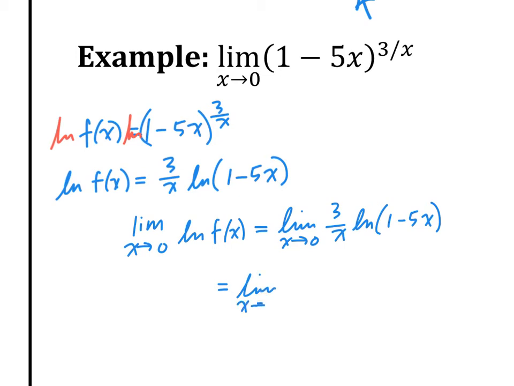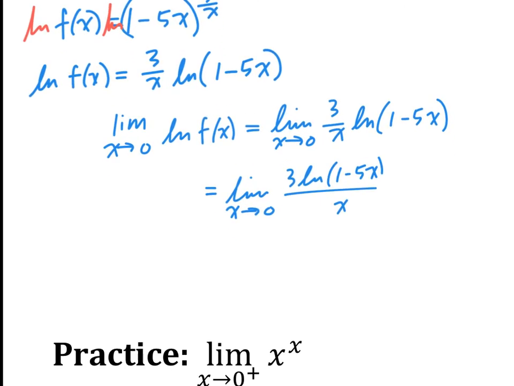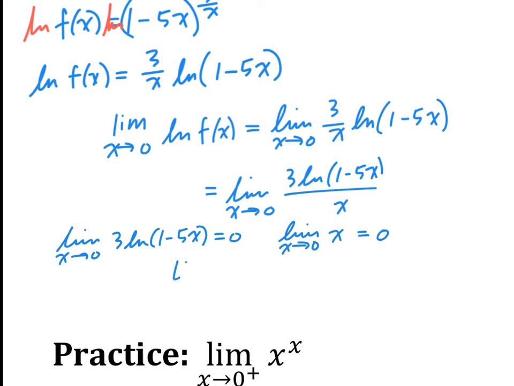Limit as x goes to 0 of 3 natural log 1 minus 5x over x. If you plug in 0 right now, you're going to get 0 over 0. Okay, so we can use L'Hopital's rule. So let's prove that we can. Limit as x goes to 0 of 3 natural log 1 minus 5x is equal to 0. And then limit as x goes to 0 of x is 0. So L'Hopital's.